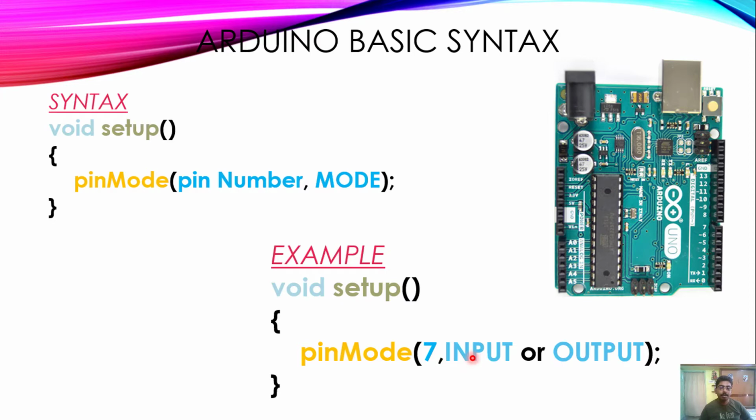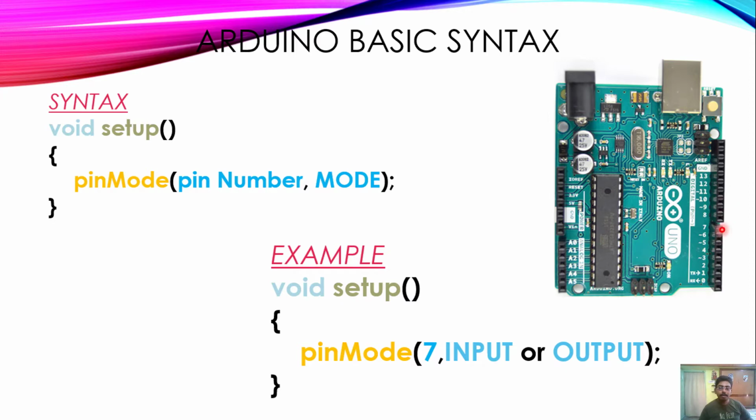If you want to make pin number 7 an output pin in Arduino, you need to give pinMode 7 comma OUTPUT. You have to choose either one. You should give input or output. Here is the 7th pin of the Arduino.